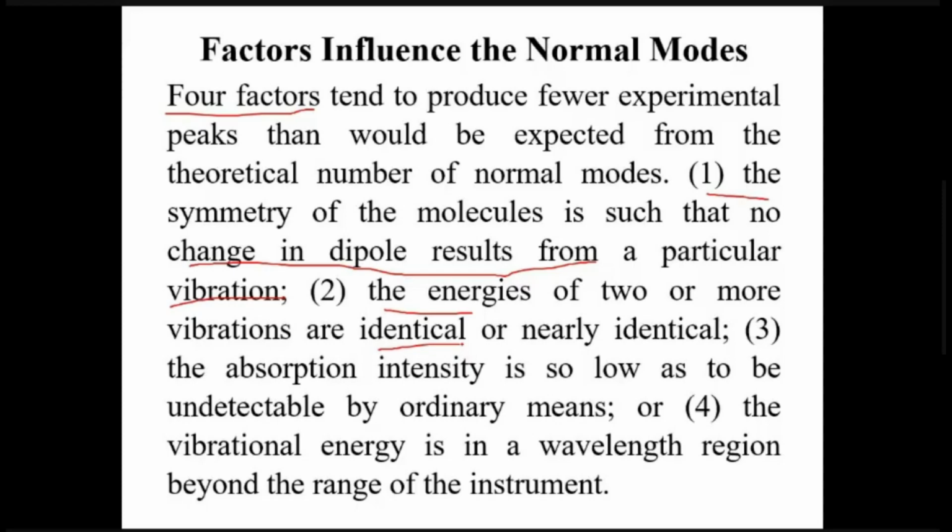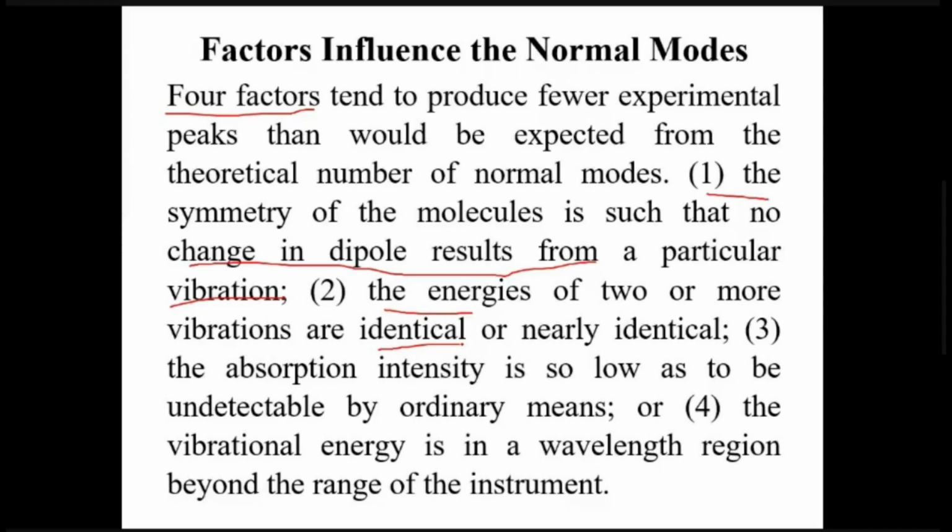The molecule is absorbing the IR radiation, but you do not have a detector capable of detecting that minor absorbance. So it is a limitation related to your detector. The molecule is not behaving strangely, it is absorbing where it is able to absorb, but you don't have a machine to measure that absorbance. So this is the third reason.